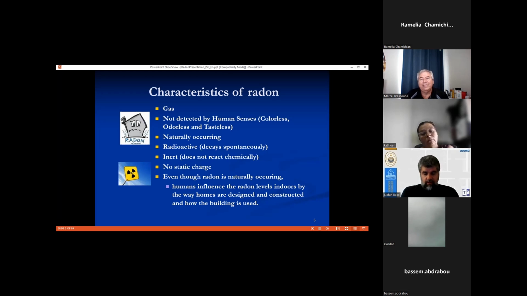It has a tendency of sticking to different things, sticks to your legs, maybe your chair. If radon did have a static charge, it would have a tendency of sticking to the wall, the ceiling, the floor, your clothes, etc. But because radon doesn't have a static charge, it just floats around.